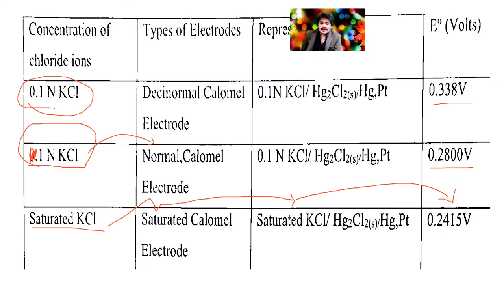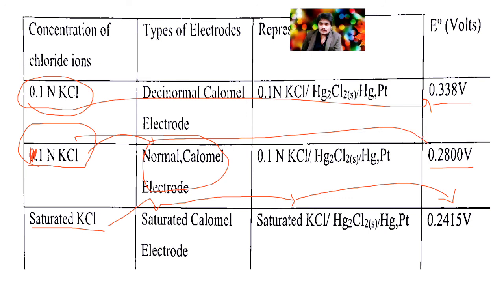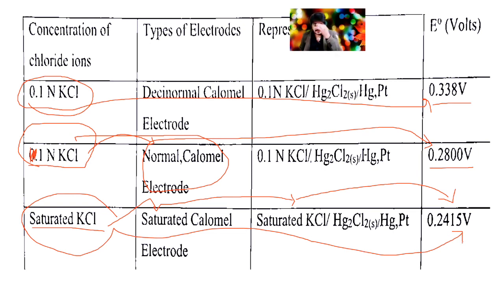The standard reduction potential of the decinormal calomel electrode is 0.338 volt, whereas the standard reduction potential of the normal calomel electrode is 0.2800 volt, whereas the standard reduction potential value of saturated KCl is 0.2415 volt.